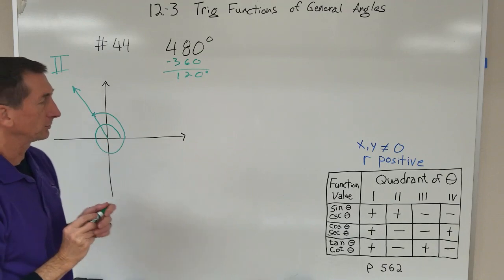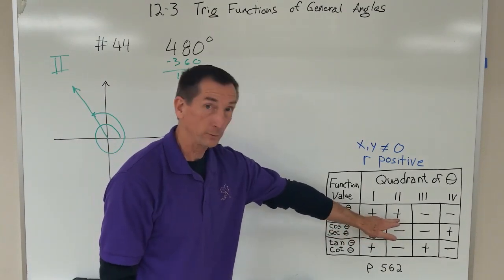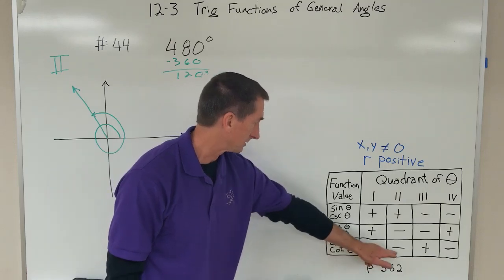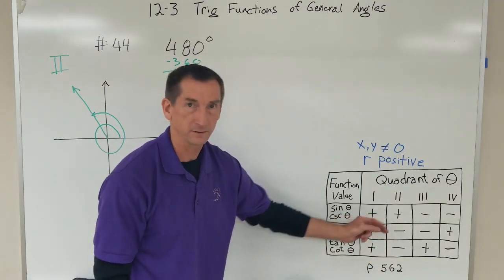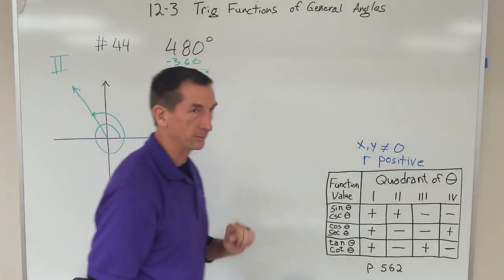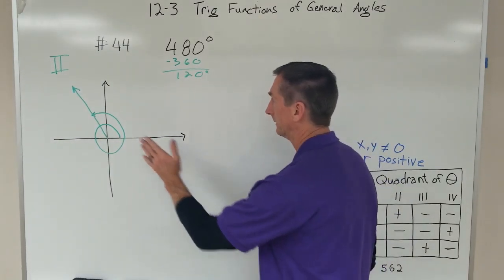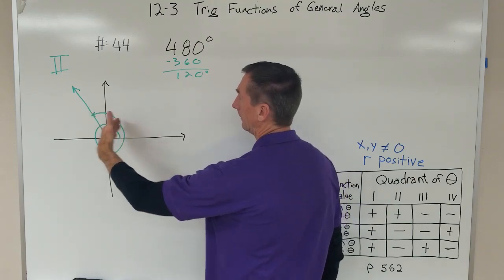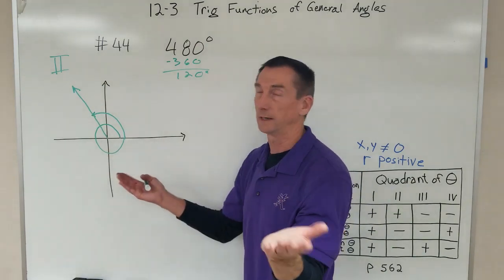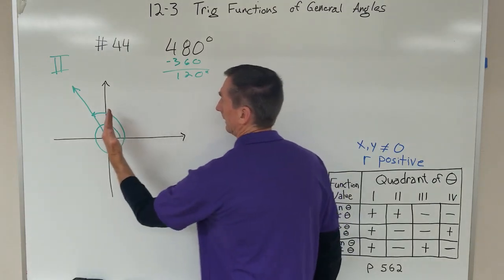So in quadrant 2, I know that the sine will be positive, the cosine will be negative, and the tangent, of course, negative, since there's a positive and a negative. And this I can tell. I really don't need to memorize this chart. I can actually look up here and think, okay, where is y? It's above the x-axis. So sine is going to be positive.